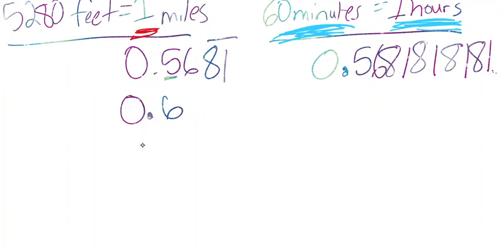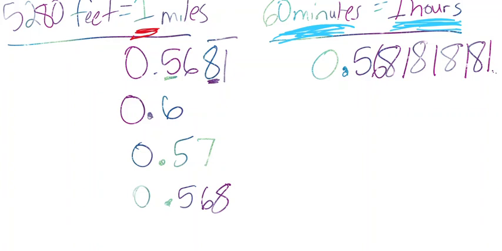If we rounded to the hundredths, it would be 0.57. If we rounded to the thousandths, it would be 0.568. We would keep the 8 if we were rounding to the thousandths because the one beside it is not 5 or more.